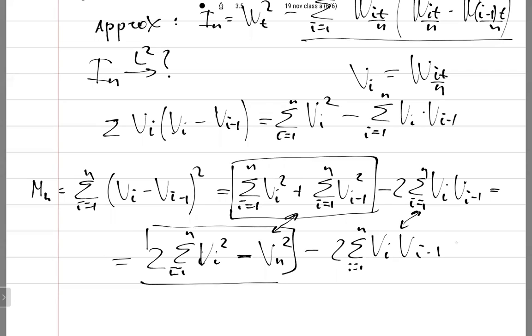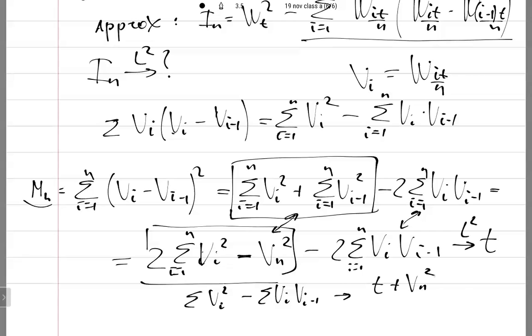Okay, and I know that this limit tends to t. We have proven it. Mn tends to t. So I conclude that the sum of Vi squared minus the sum of Vi minus 1 tends to t plus Vn squared divided over 2.